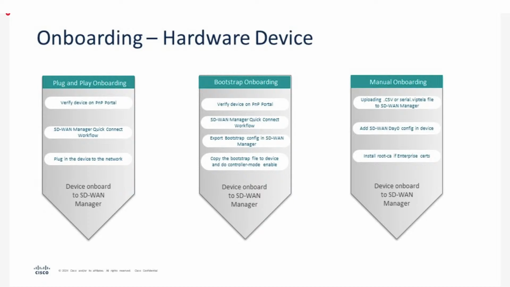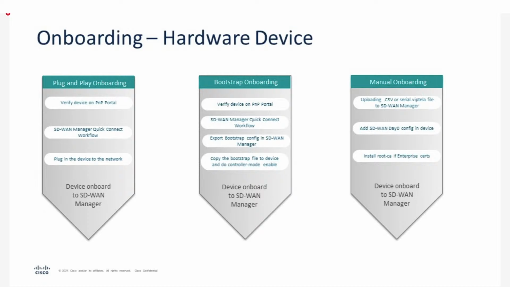Bootstrap configuration is the basic configuration which is needed, like your system information, your org name, system IP address. All these things can be downloaded directly from the Bootstrap configuration, and this can be copied to a USB, and it can be copied onto the router. So the router can boot in, and with the configuration which is available, it can directly reach out to the validator.